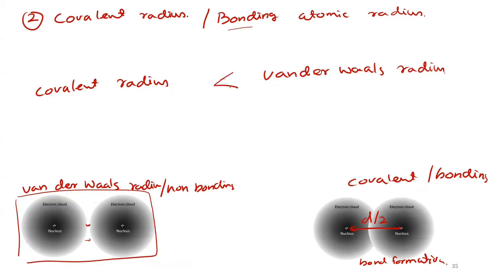The van der Waals radius is larger because in the van der Waals radius, you don't have a bond formation or the overlap of the electron cloud. Now, this is the second way we can define a size for the atom. Another way we can define the size for an atom is the metallic radius.